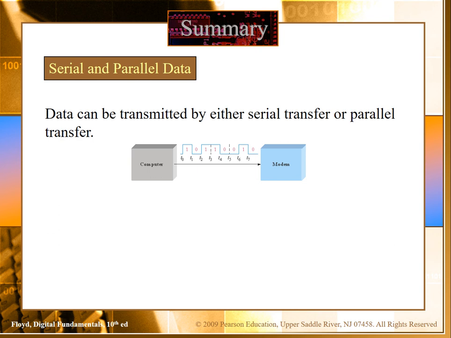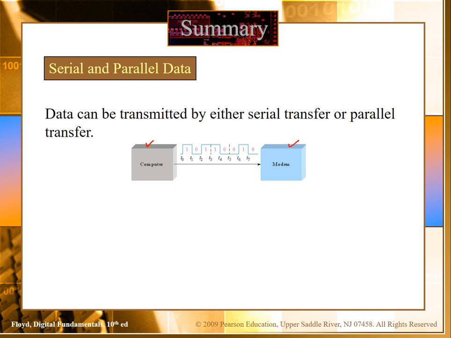When we talk about the transmission of data, data can be transmitted in two main forms: serial transfer or parallel transfer. A very good example of serial transfer is the communication between a computer and a modem. The modem is what connects you with the internet. The computer communicates with the modem using serial transfer.